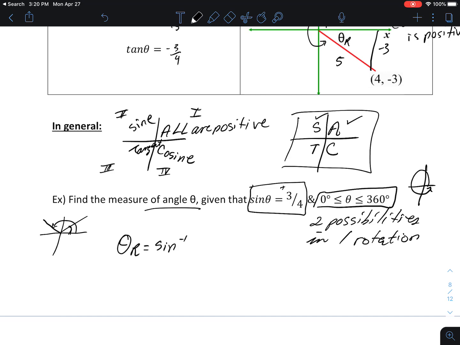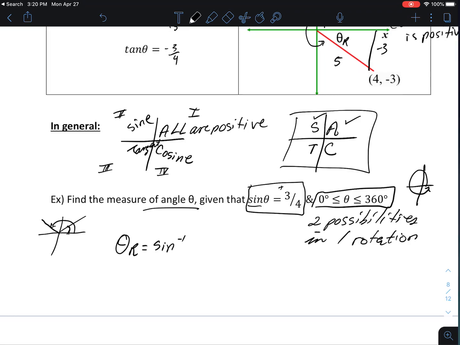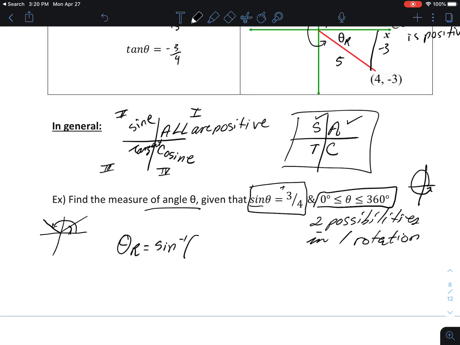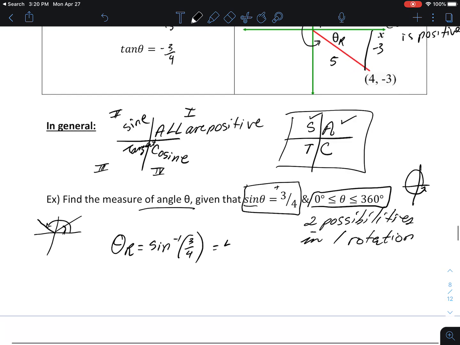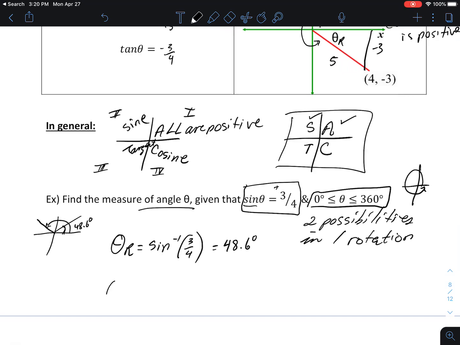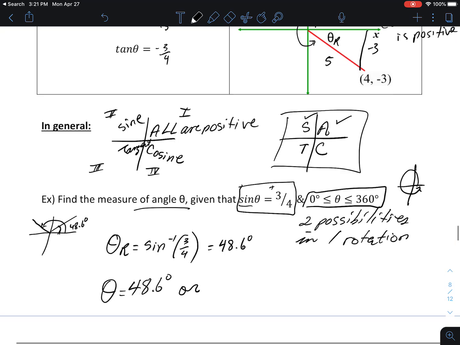Okay, so if I want to find first the reference angle, I'm going to take the inverse sine, or cosine or tangent, depending on what it is, of the absolute value of this, 3 over 4. Well, that's positive 3 over 4. And if I do that, I get 48.6 degrees. So either this angle is 48.6, and remember that in quadrant 1, the reference angle is angle theta.